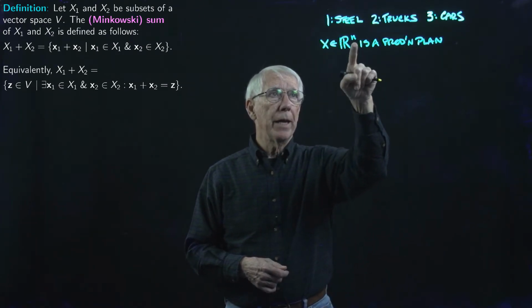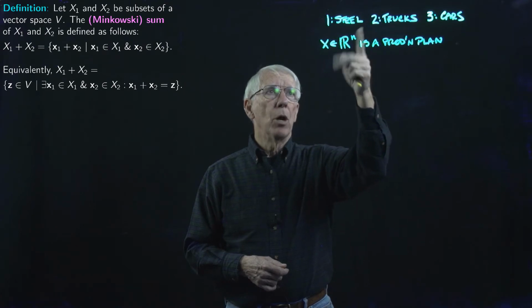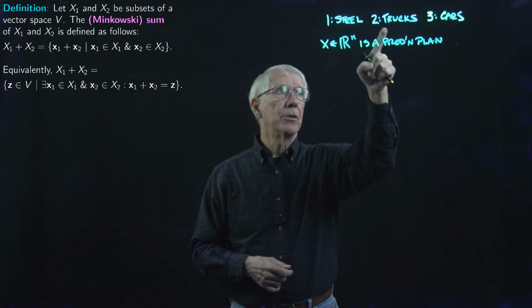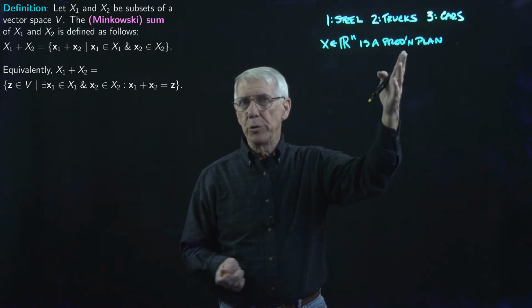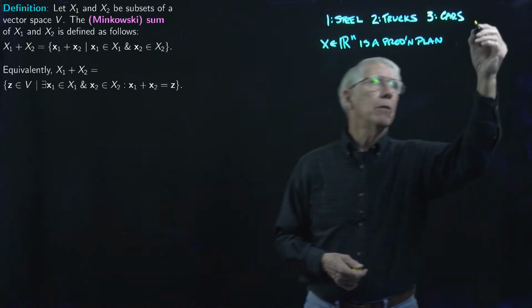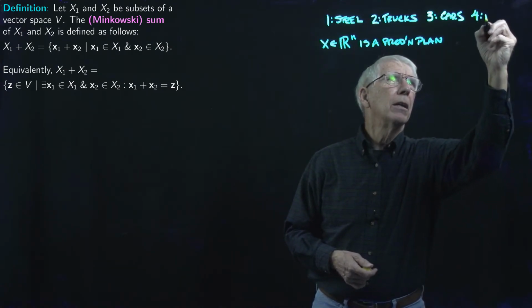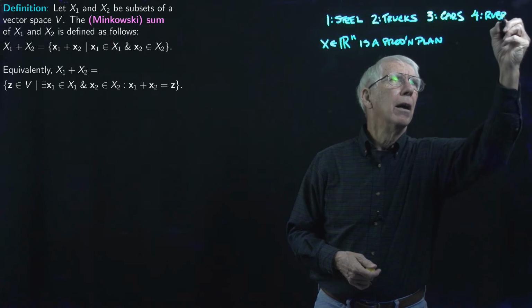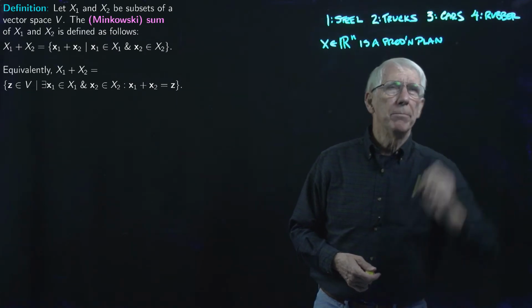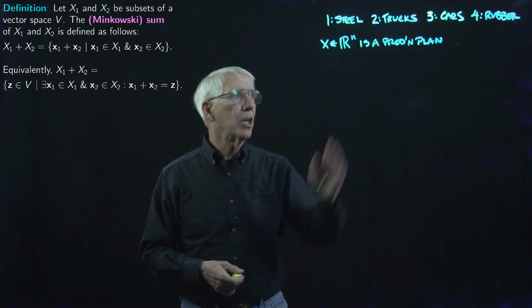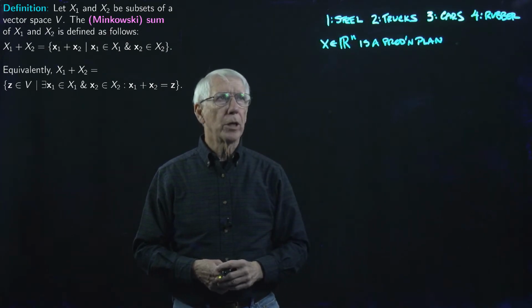It's a vector with n components. One of the components, let's say, is steel, another is trucks, another is cars. N might be 3, so we only have these 3. Let me even put in a fourth one here: rubber. We could put in lots of different possible inputs for making trucks and cars, but I'm just going to put in these 4 goods.